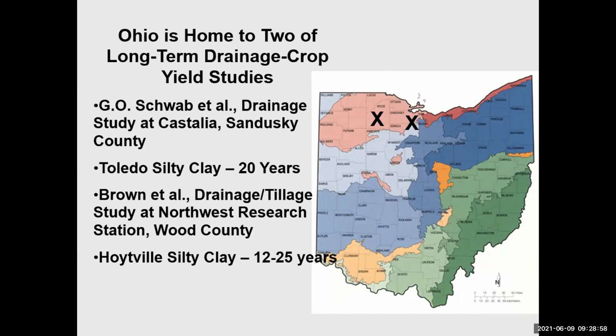When I came on board in '88, that was turned over and allowed me to run with that program. Several other people have worked with that through the years, and we've got 12 to 25 years of studies on that particular place in Wood County, at the Northwest Research Station.